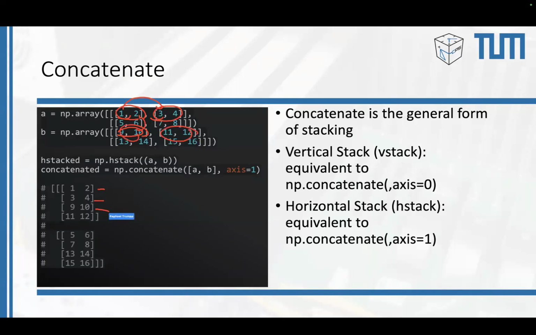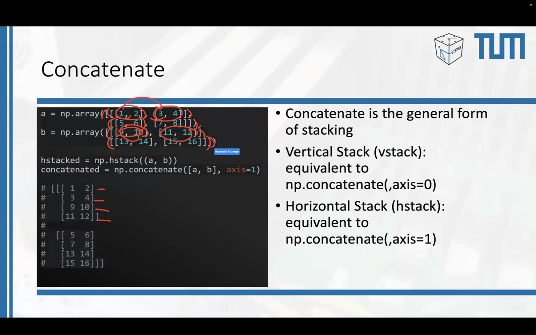1, 2, 3, 4, 9, 10, 11, 12. Does it make sense? Right? If I were to concatenate along the 0 dimension, I would take this element, then this element, then this element, then this element. It would be basically the same geometry as it has right now, just more rows. It would be basically putting a comma here and opening the array here and closing it here.